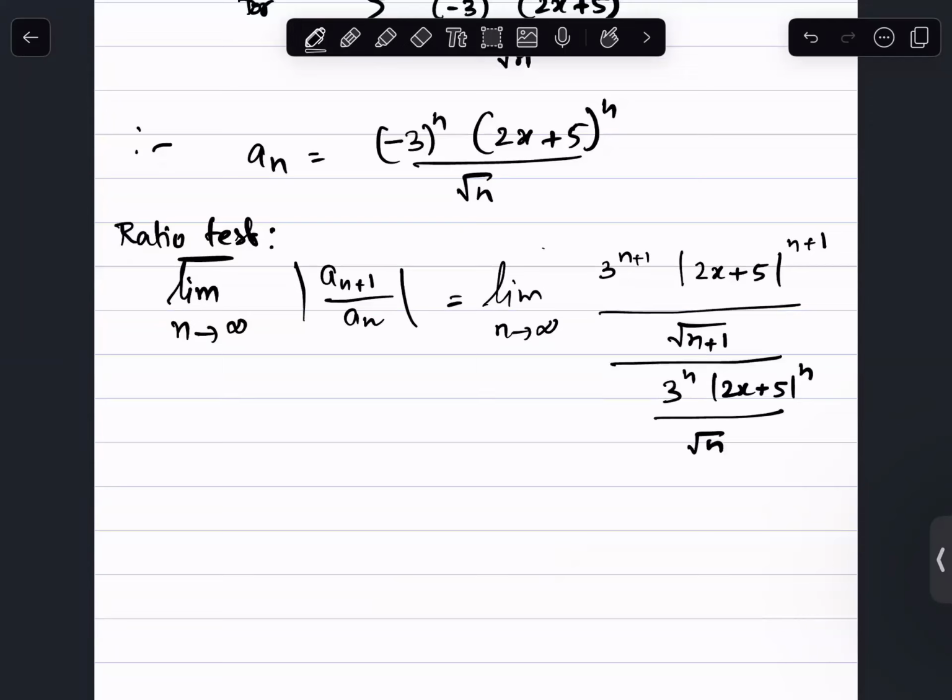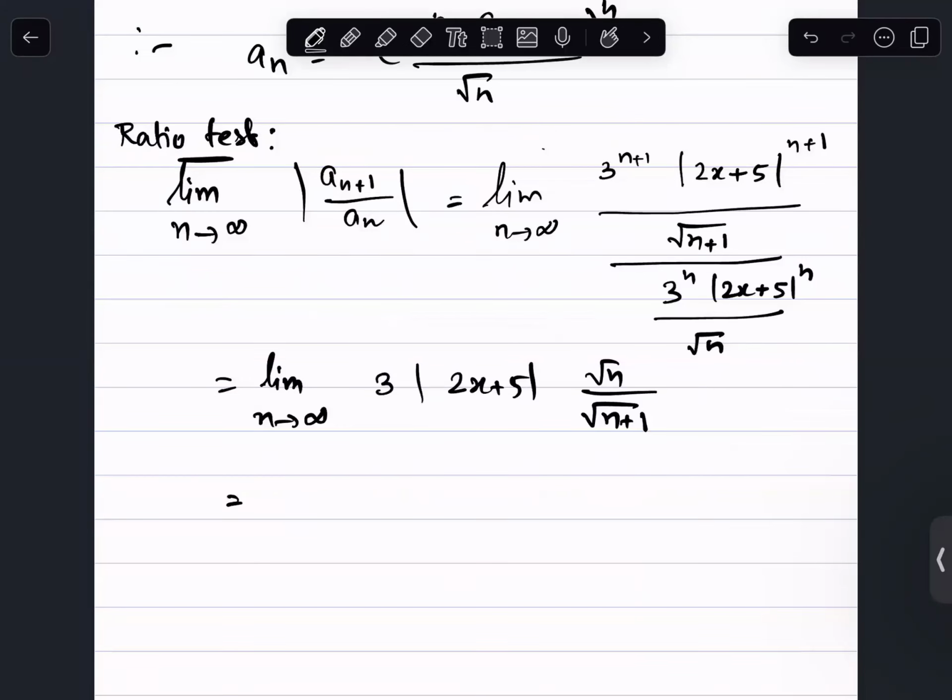And if you do a little bit of calculation, you'll get 3 times |2x plus 5| times square root n over square root n plus 1. And as n tends to infinity, do the same trick, take square root n factored out, and then you'll get a nice looking expression. And at the end, you'll get the limit.